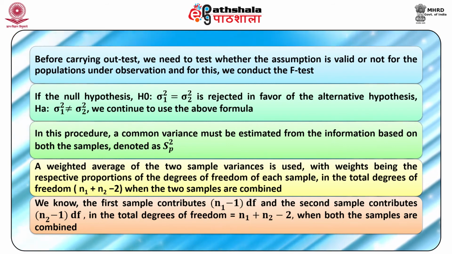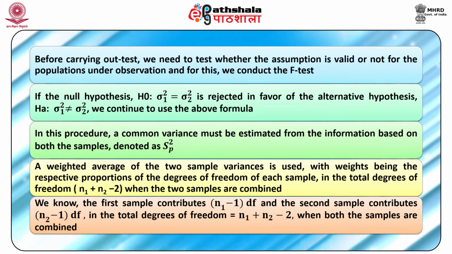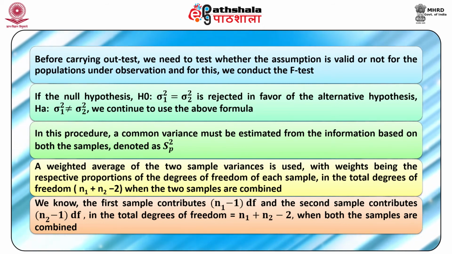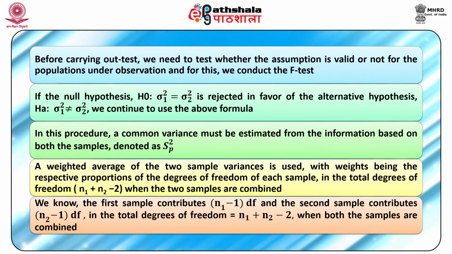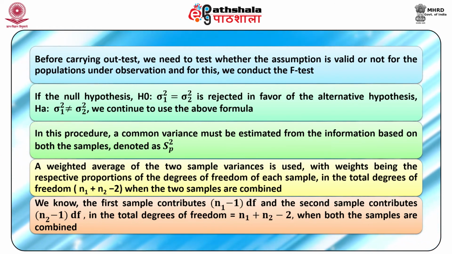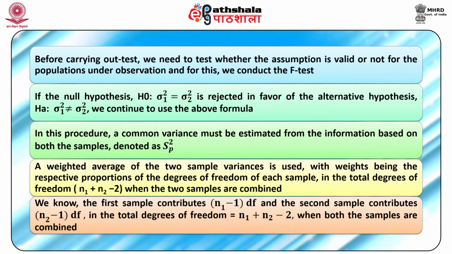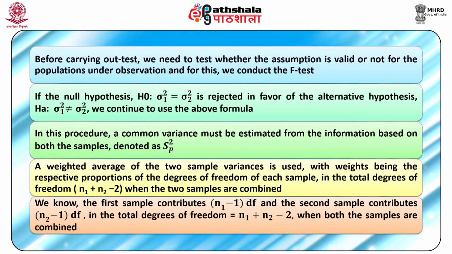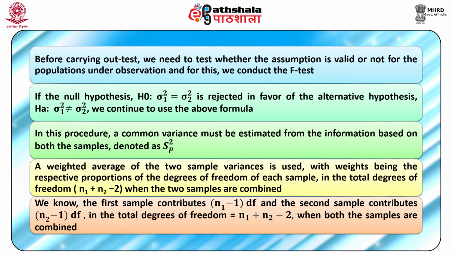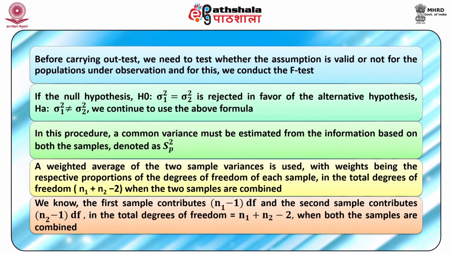Keeping in view the difference in the two sample sizes, a weighted average of the two sample variances is used, with weights being the respective proportions of the degrees of freedom of each sample in the total degrees of freedom, which is n1 + n2 − 2 when the two samples are combined.